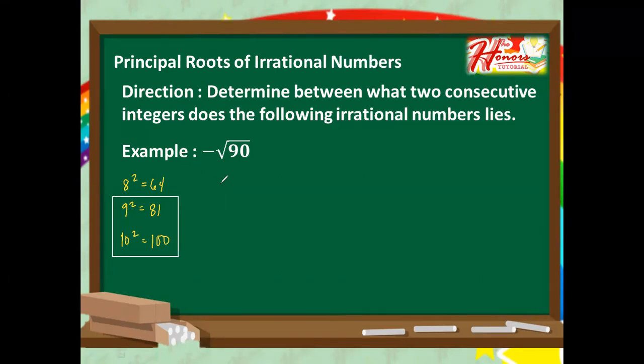So we have here negative square root of 90 is greater than negative square root of 81. We're going to include it. And it is less than negative square root of 100.